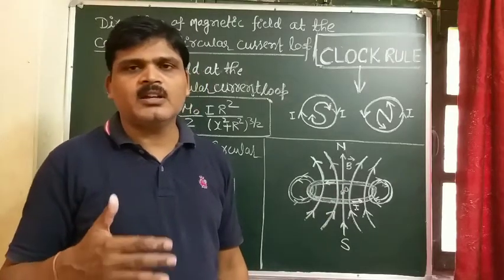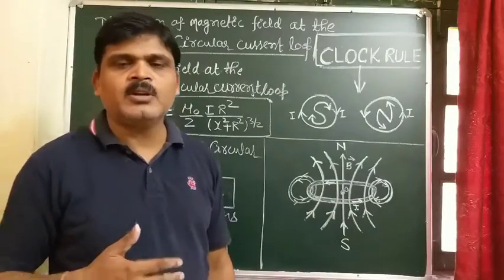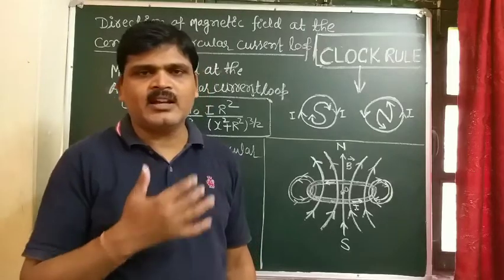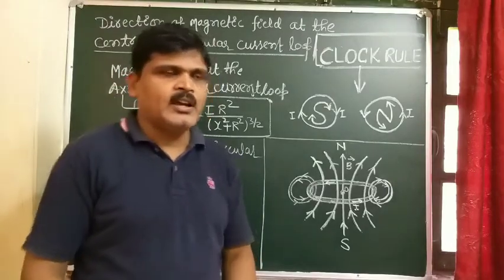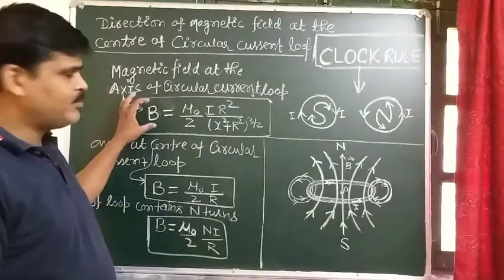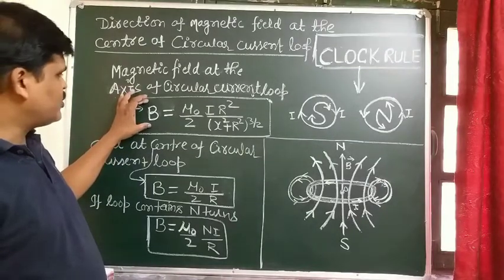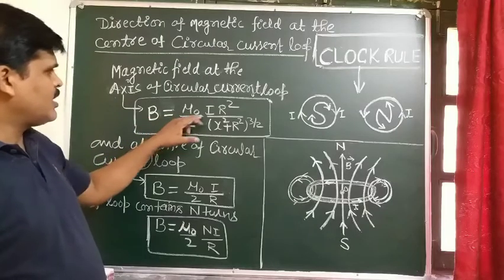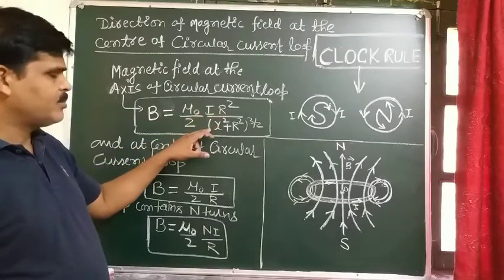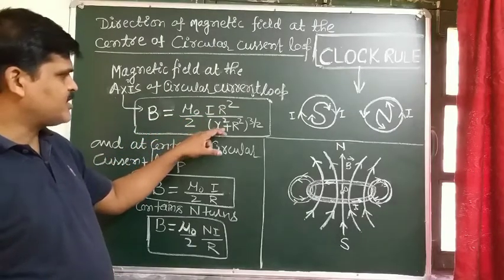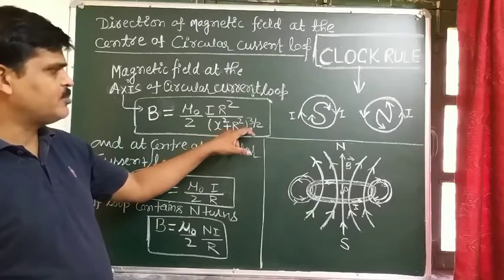And student, I have already derived the formula of magnetic field at the axis of circular current loop, and with this formula we have already found B equal to mu naught by 2 I r square by x square plus r square whole to the power 3 by 2.